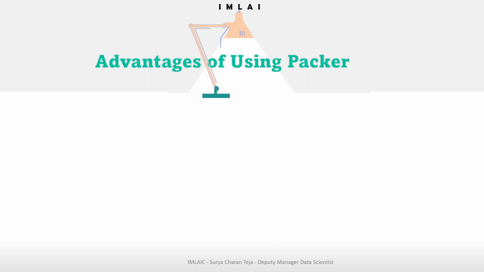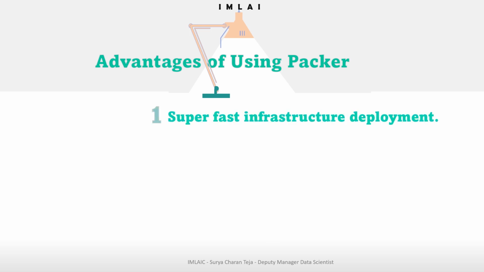In other words, Packer brings pre-baked images into the modern age, unlocking untapped potential and opening up a new world of opportunities. The first and biggest advantage of using Packer is super fast infrastructure deployment.